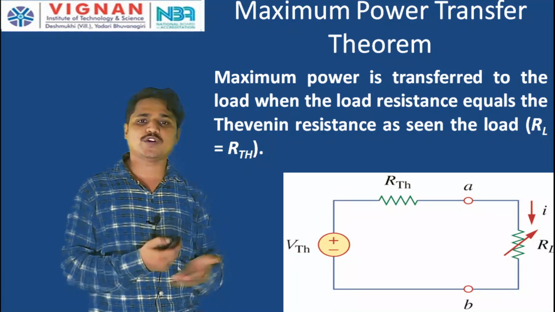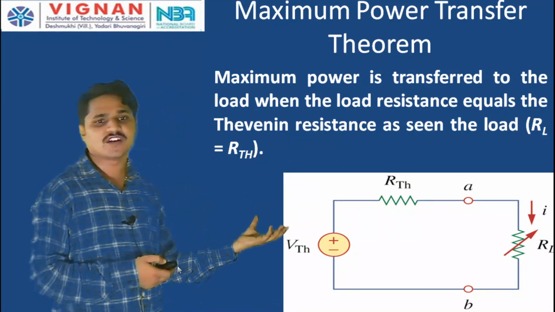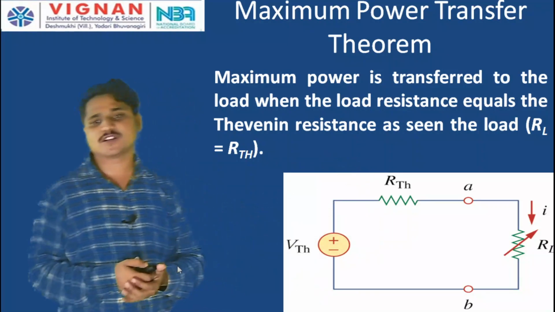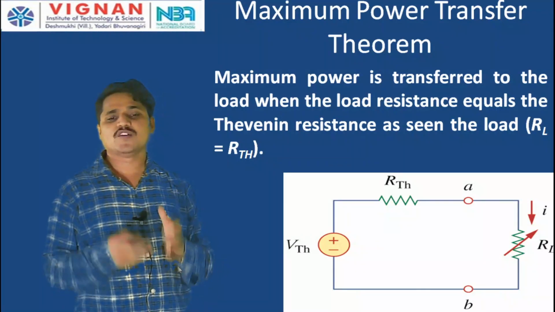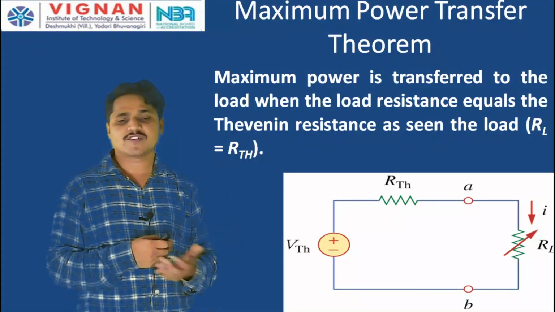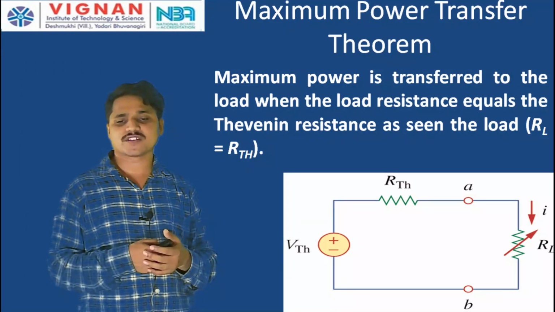If you apply the voltage division principle in this series circuit, and the source voltage is 100 volts, then 50 volts will appear across R Thevenin and 50 volts across the load resistance. That means during maximum power transfer, 50% of the voltage appears across the Thevenin resistance and the load resistance.